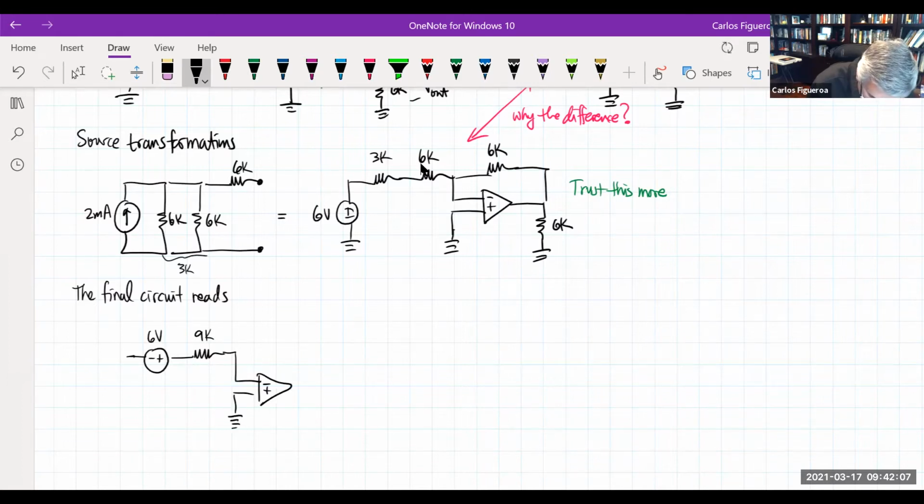This is connected to the ground. That's connected to the ground. This is a 6K. So then I know that this is V out and this current is I out when this is 6K.